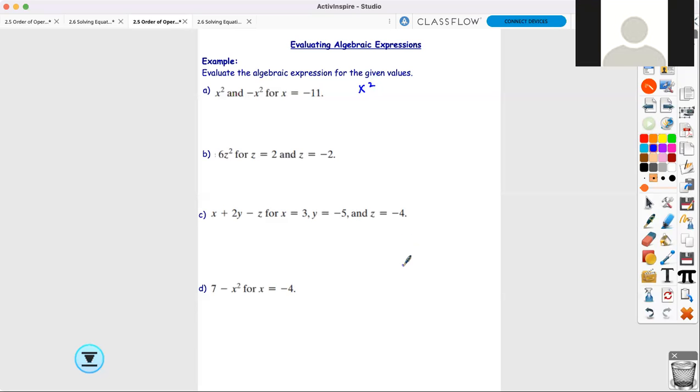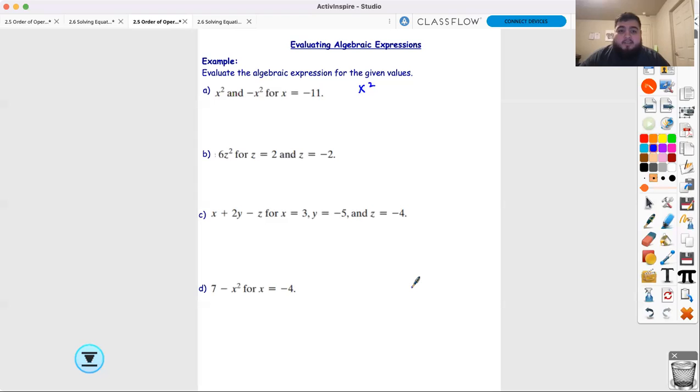Sir, does it matter? Like for example, oh, well, I'll talk about it on B. Do you wanna ask now or you wanna wait for me to work this one? It's up to you. I don't mind listening to you now. Okay. So on B, 6Z, like you know how it says for Z equals 2 and Z equals -2.